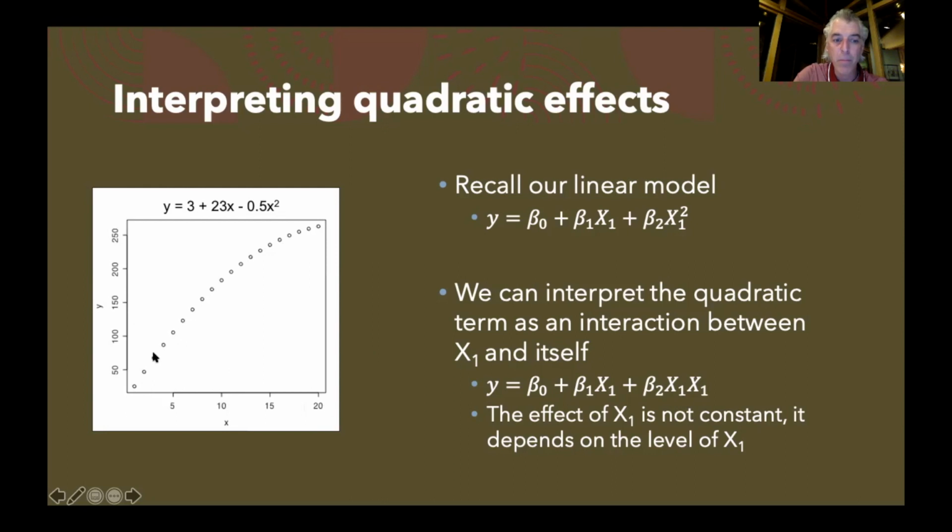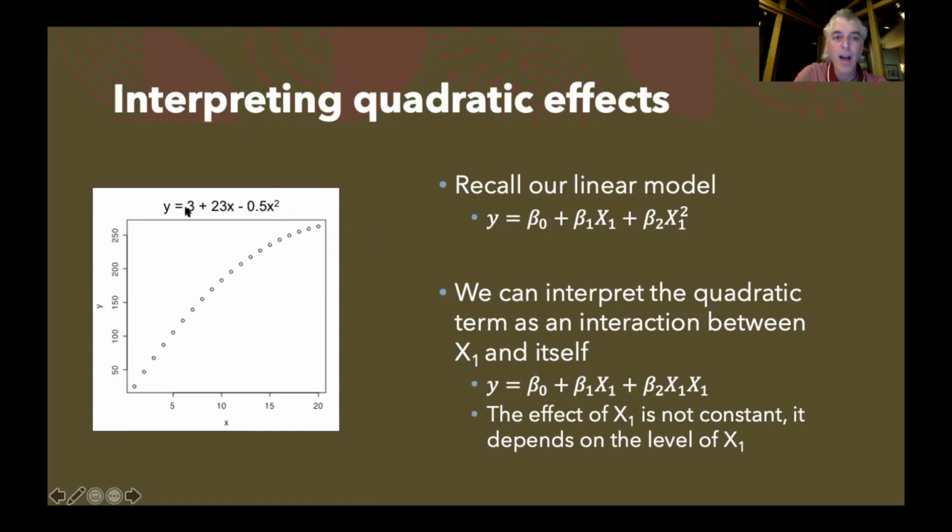So we have a positive slope, but as we get farther and farther along this x-axis, this positive slope is becoming shallower and shallower and shallower. So as we get increasing values of x, this positive relationship is getting smaller and smaller.